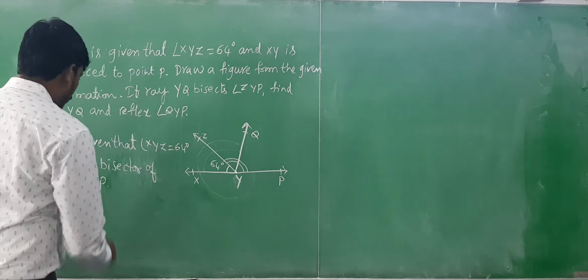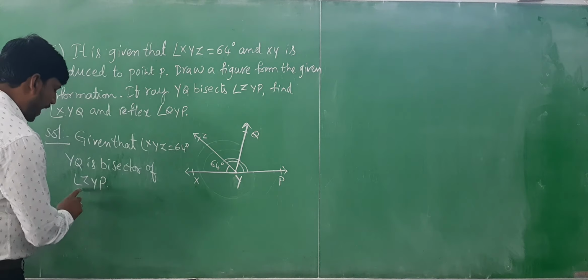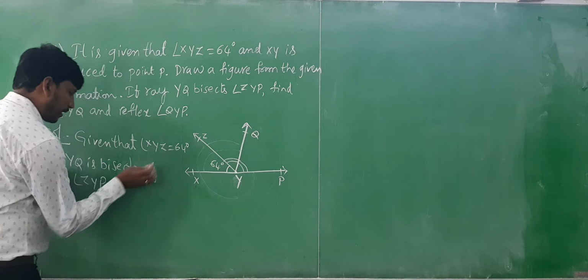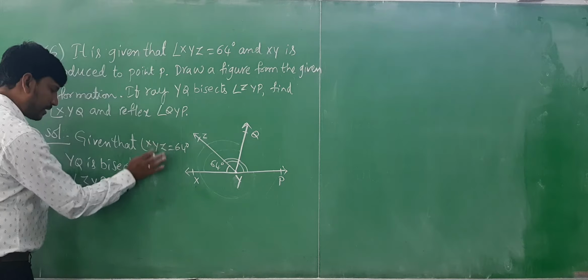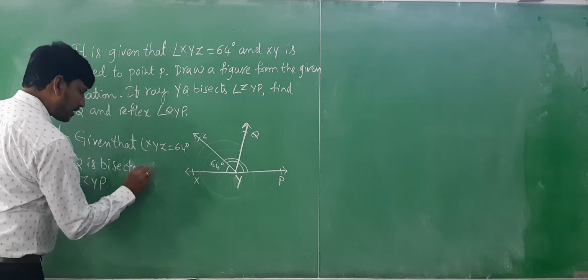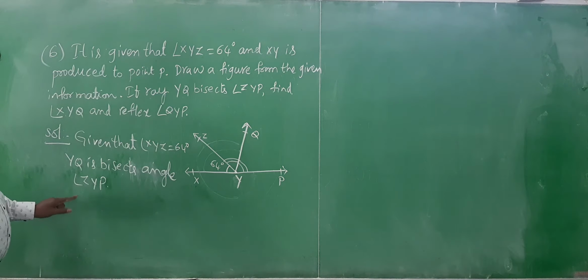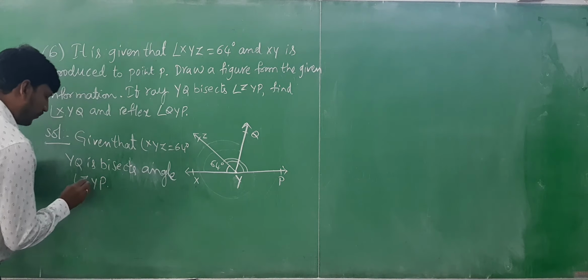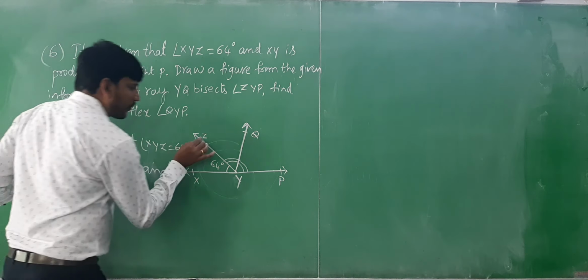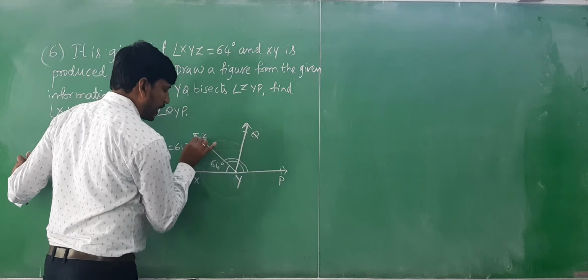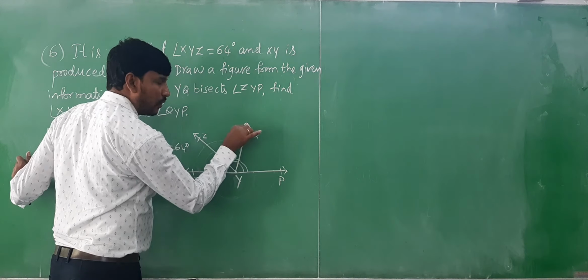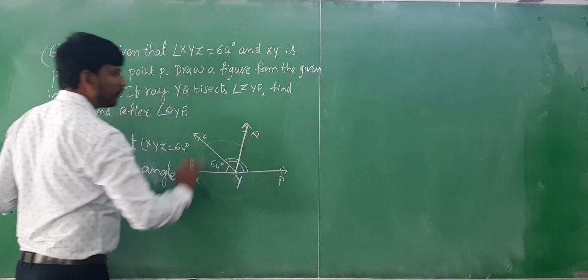So YQ is the bisector of angle ZYP, that is the angular bisector, or you can write it as bisects angle ZYP. So if this is a bisector, these two are equal: ZYQ is equal to QYP.